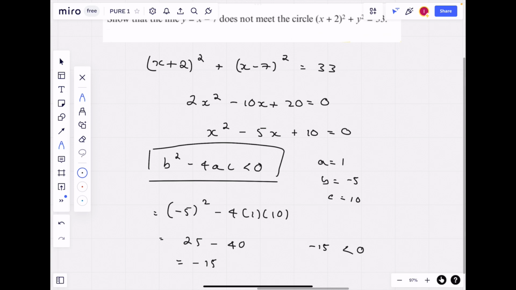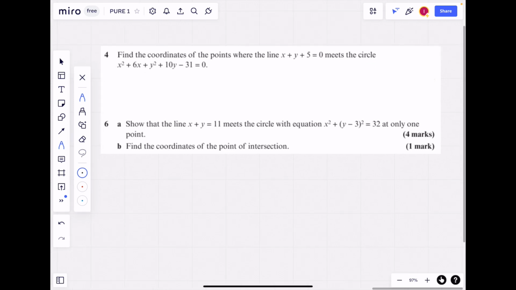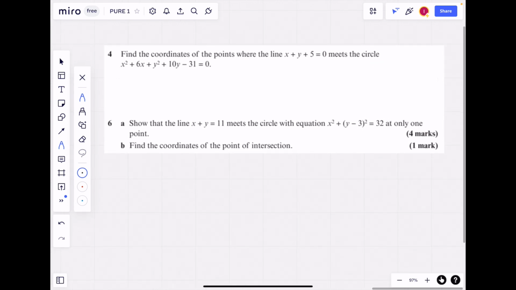Cool. Have a look at these two questions for me, please, and I want you to give those two a shot. Okay, let's start with question 4. First thing I'm going to do is rearrange that first equation, x plus y plus 5 equals 0.